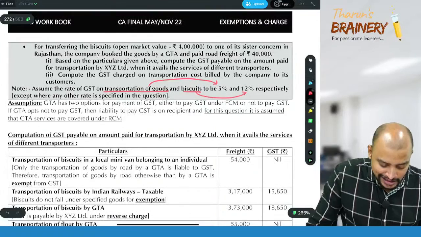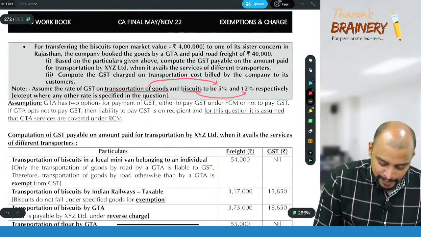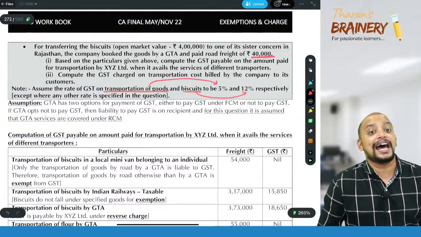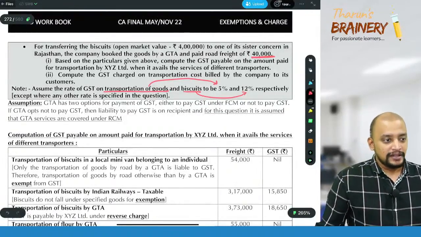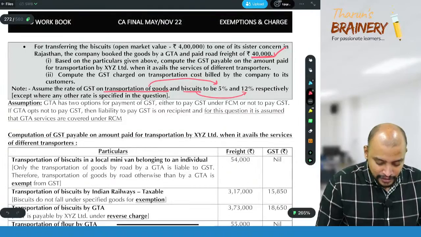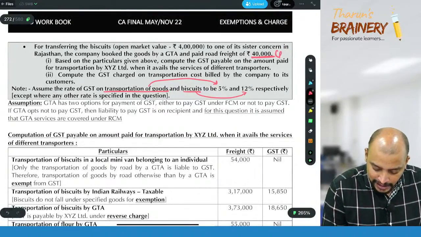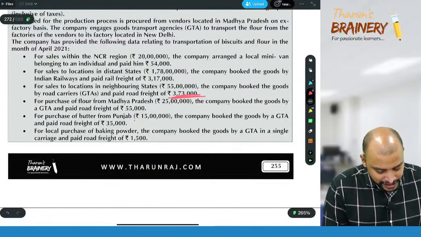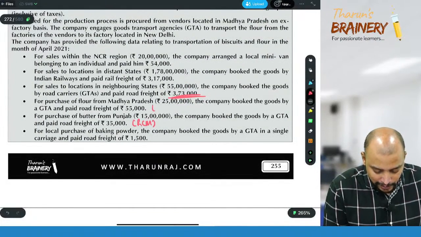So, what about this point? GTA and paid road freight 40,000. Will it be taxable? Yes. 5% under RCM. This will be taxable under RCM. So, what about this? 35,000 RCM. This will be exempted.